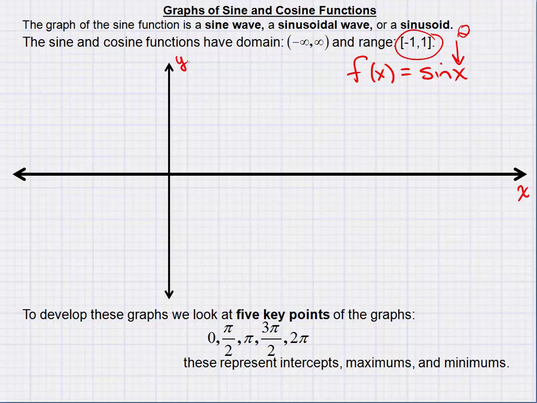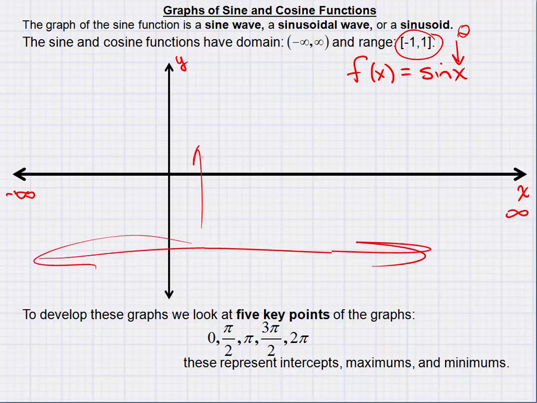So my y-axis values will always be between negative 1 and 1, but my x values can range from negative infinity all the way up to positive infinity. So my graph's going to go as far as possible left and right, but vertically it's going to be stuck between negative 1 and 1.